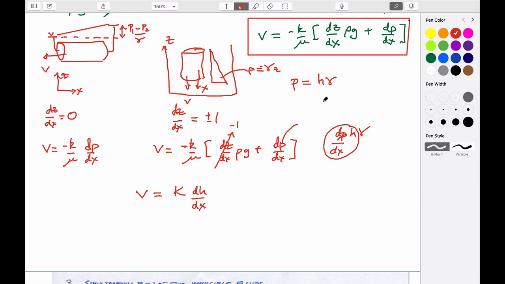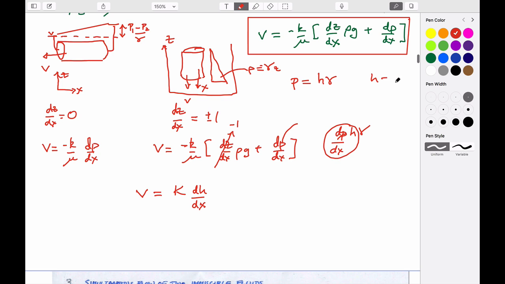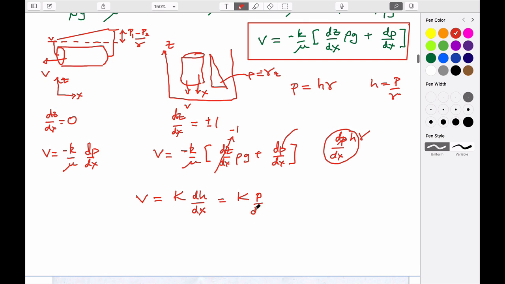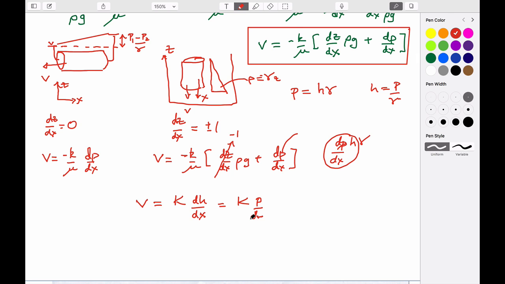You could always, if you wanted to, write this as head being equal to pressure over unit weight, in which case you could make this expression look like hydraulic conductivity multiplied by the pressure gradient, dp dx.